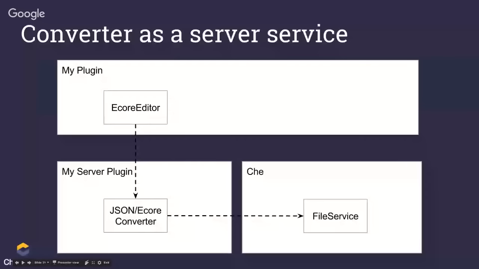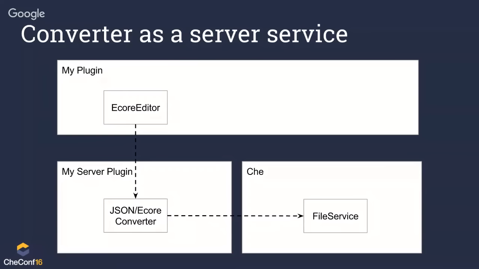So one missing piece that I didn't mention is that our component that we used for the UI creation on the client consumes a JSON, while eCore on the server, the eCore file contains an XML format. So to use this existing UI component, we have to convert from XML to JSON.